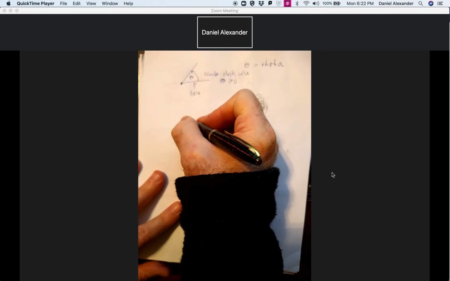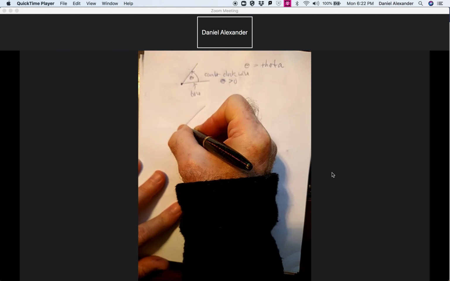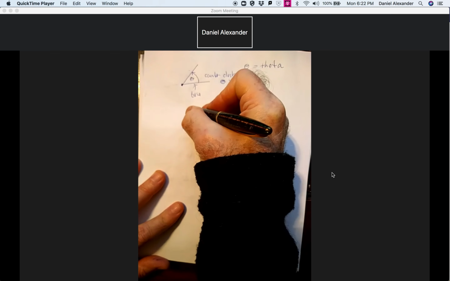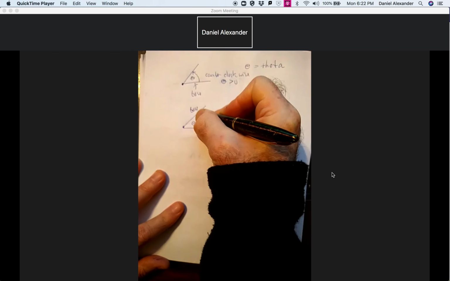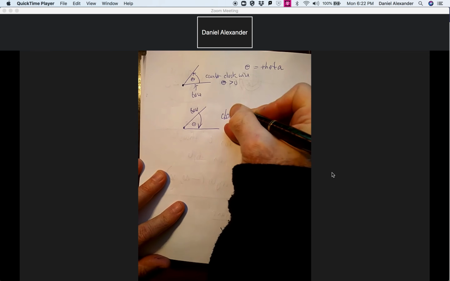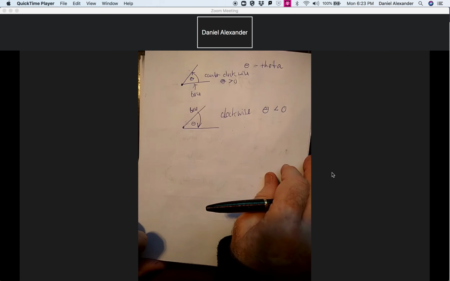Here's a different example. Same angle, it's theta, but we're going to think of this as the base and measure in this direction. So we're measuring clockwise, and our angle is going to be negative. So negative and positive for angles has to do with direction.